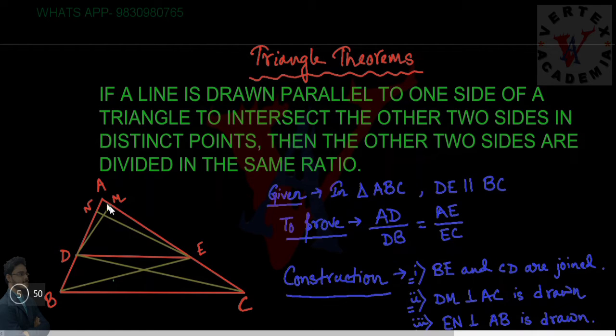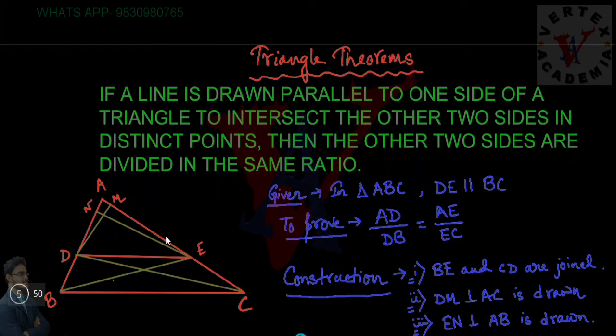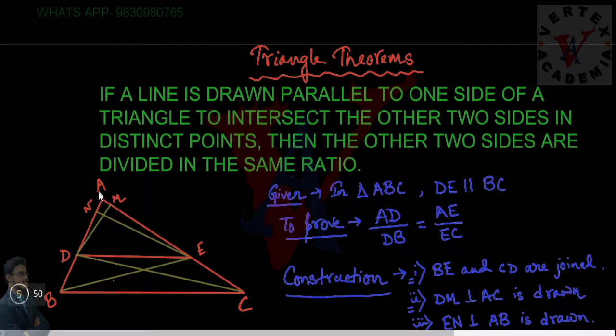So if AE is the base and DM is the height, then we can write the area of this triangle ADE as half into DM into AE. Basically we have written the area of a triangle in terms of its base and height, and we have included the side AE, which is also included in our result. Here you can see AE is there.